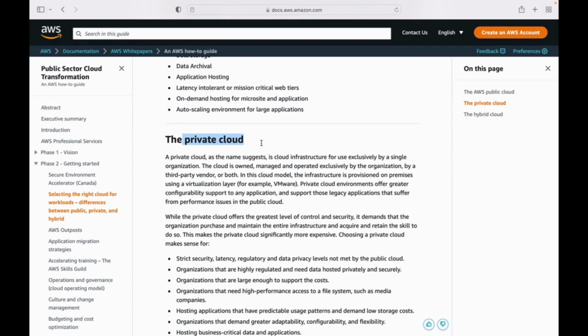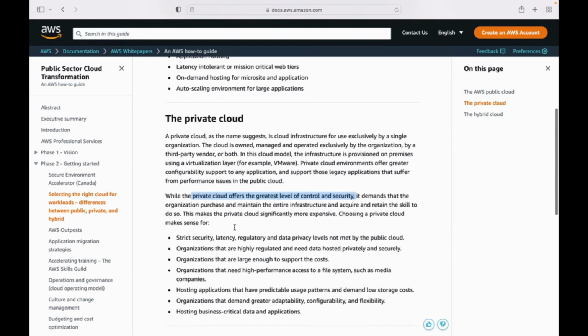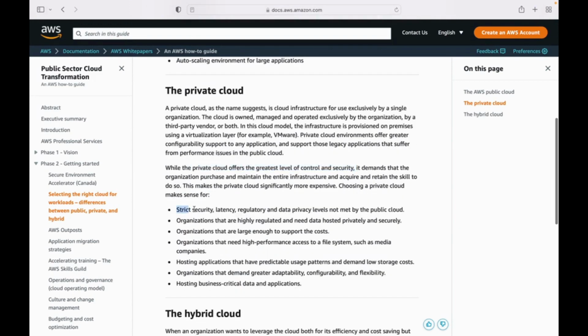Just understand that the main use case for private cloud is security. If the customer wants security over the cloud, then they will go with private cloud. It offers a great level of control and security. You can go with private cloud if you want strict security, latency, regulatory and data privacy levels, because that is something that is not met by the public cloud.